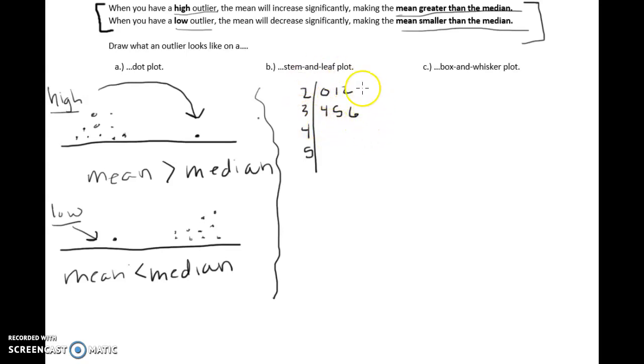If most of your data was in the 20s and 30s, and then you had one data point over here, like 53, this would be your high outlier. And say we were talking about the age of a group of friends, most of them are in their 20s and 30s, but then you have one person who's in their 50s. That's going to pull the average age up, and that's going to make the mean greater than the median.